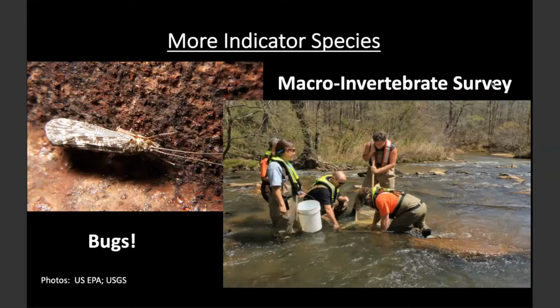And actually an interesting thing about this macroinvertebrate survey stuff is that there's a group of different types of bugs that have different tolerances to pollution. So you can gauge how polluted the water is depending on what species you find within that water body. So again, these are just indicators of the health of that ecosystem.